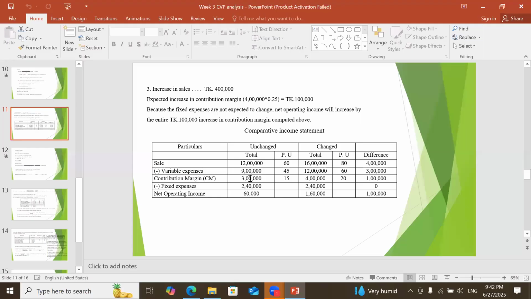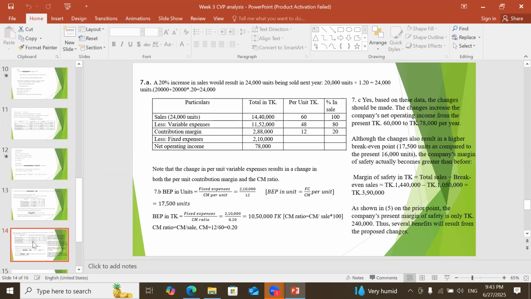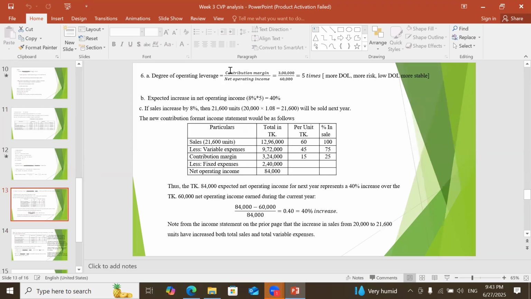You just consider the original figure. Original figure contribution margin 3 lakh and net operating income 60 lakh. You just put it in the formula. Contribution margin 3 lakh divided by net operating income 60,000 is equal to 5 times. The company has an earning capacity of 5 times in a certain period. I think you clearly understand this.